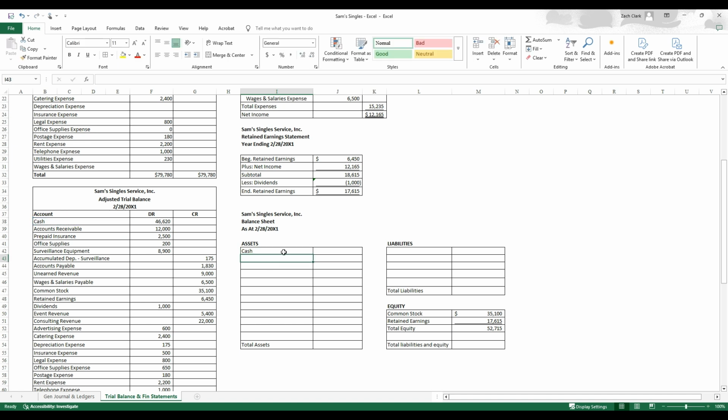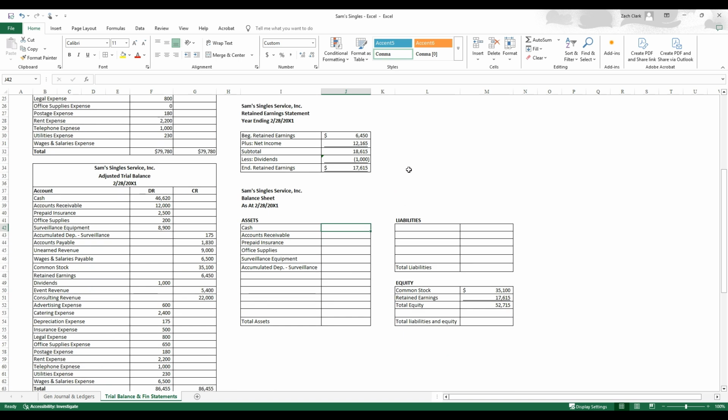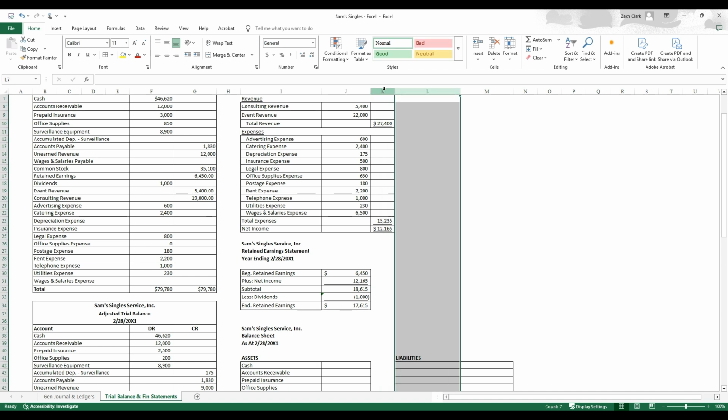Let's do our assets now. Again, a similar thing. We can just drag that down, get all of our assets in here. And one thing, how do I want to do this? Bear with me for one moment.